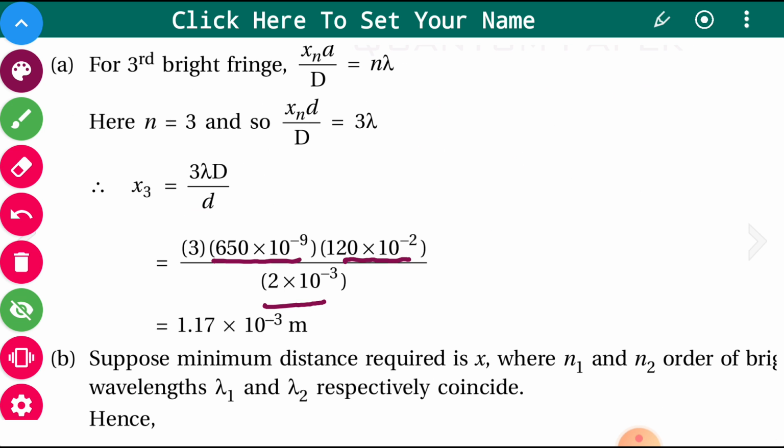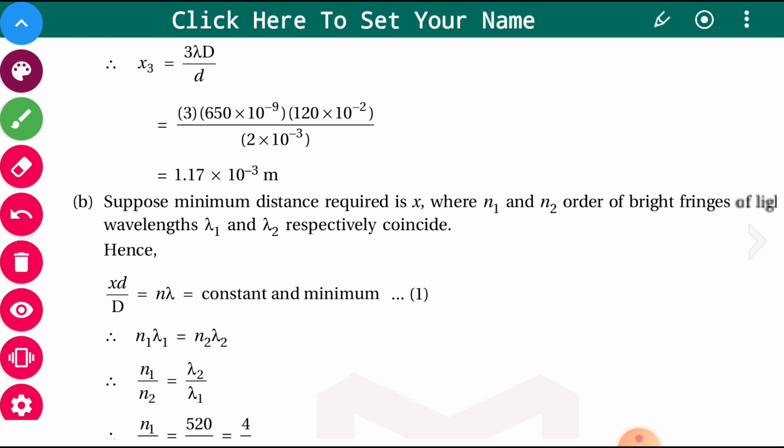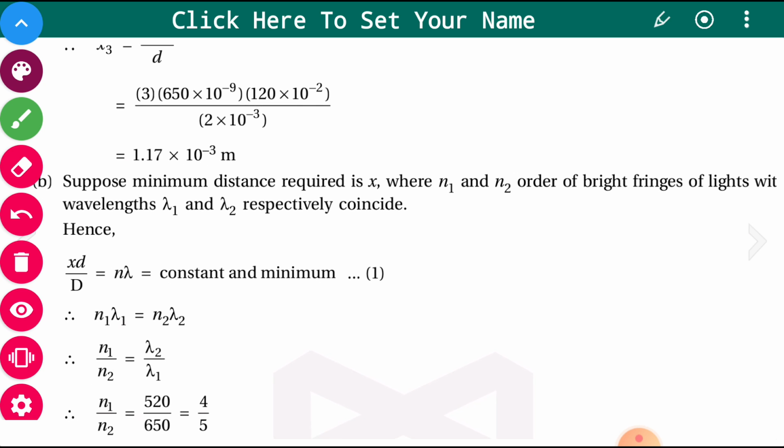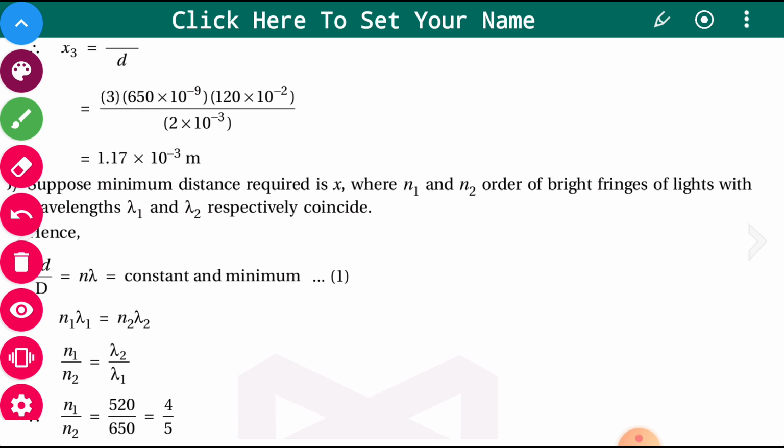Divided by 2 into 10 raised to minus 3. Just simplify, we will get the value of x3 as 1.17 into 10 to the power minus 3 meter.